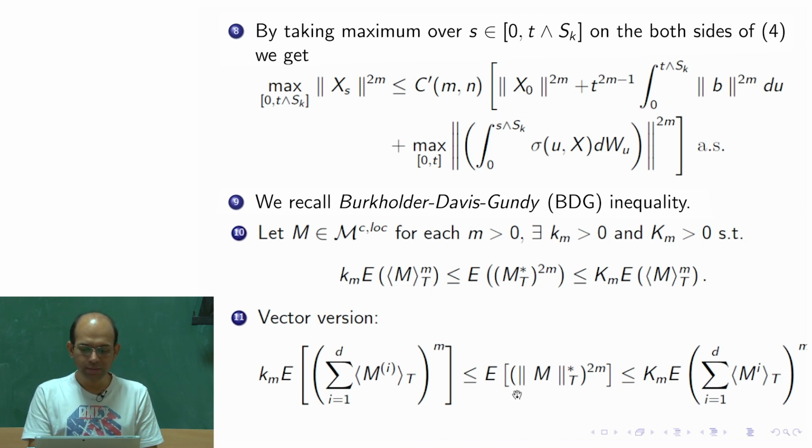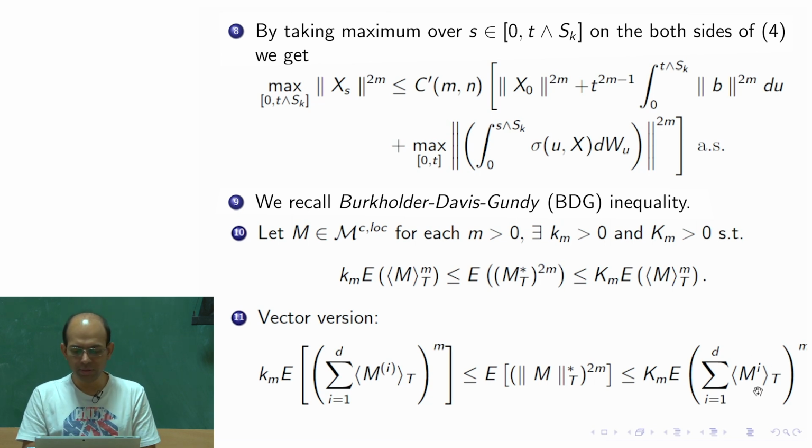So that is greater or equal to small k_m times the expectation of the sum over i equal to 1 to d, since there are d components, of the quadratic variation of M_i at time capital T, and this whole sum is a random variable. We look at the mth order moment of this random variable.